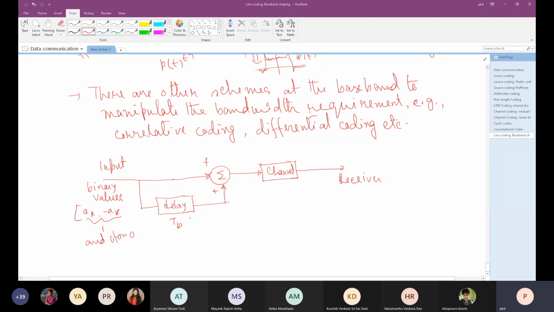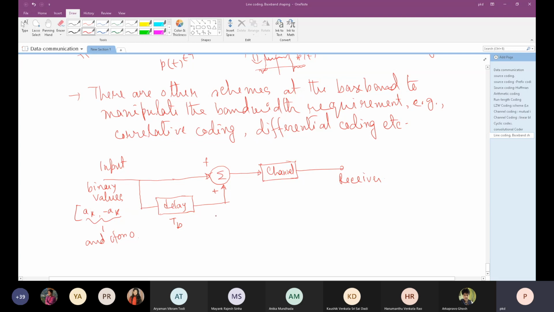So the delay will map it to different values. If two consecutive ones are there, then that could become 0. And of course, if it is not there, then that could be AK.